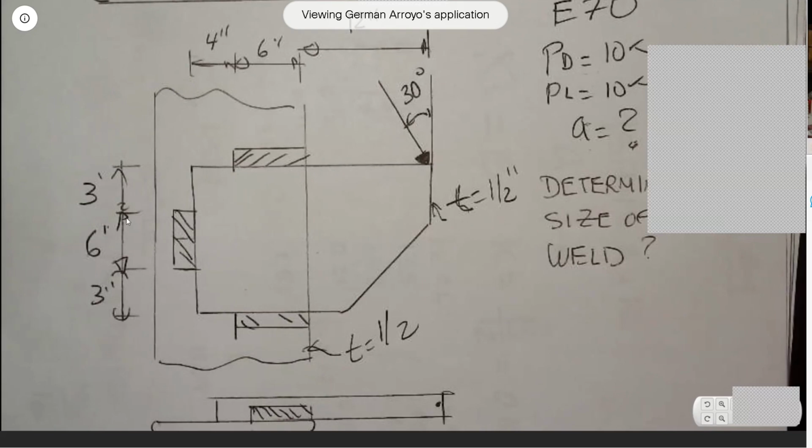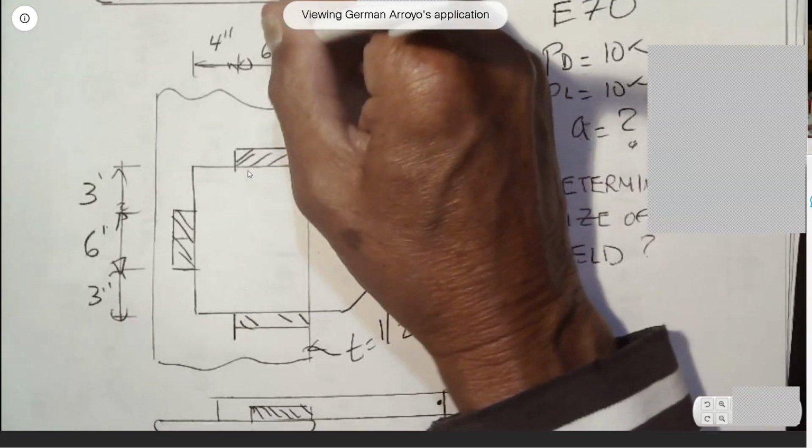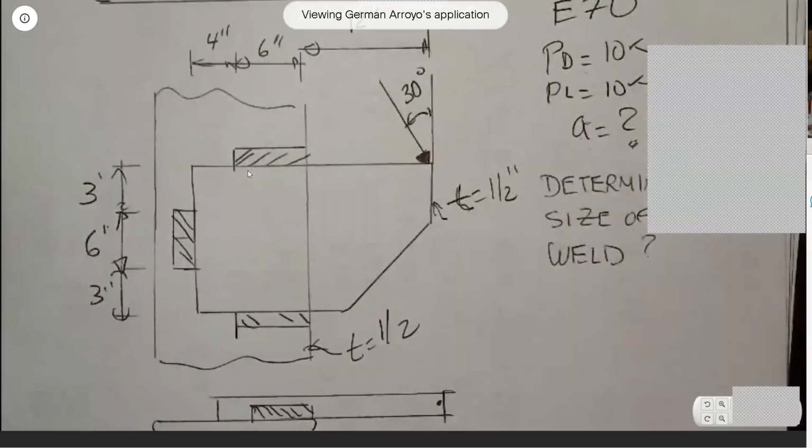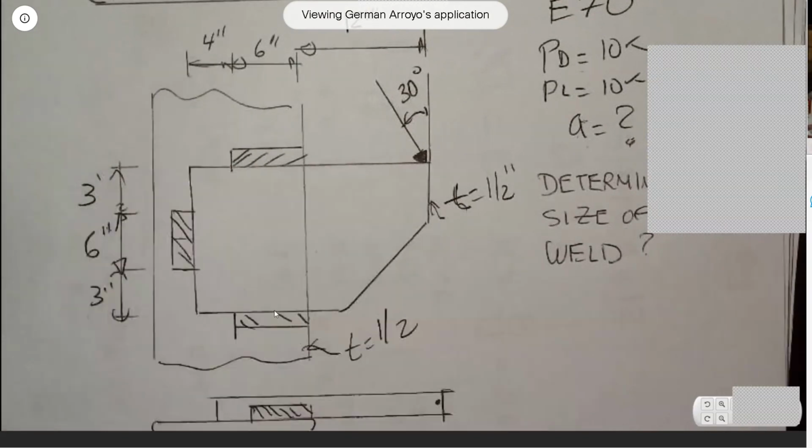This is the well, 6 inches of well. 6 inches of well, and also 6 inches of well in here. The distance between this corner and the well is 4 inches.